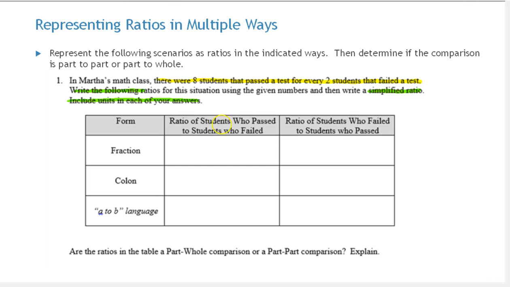So, ratio of students who passed to students who failed. Okay, so when we're asked for a ratio, the first value is the value that goes in the numerator for a fraction. So we're going to write, now the units are students, but I'm going to write passed here. So 8 passed for every 2 who failed.